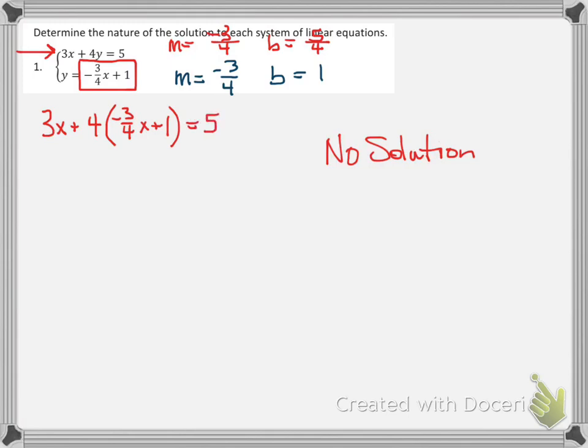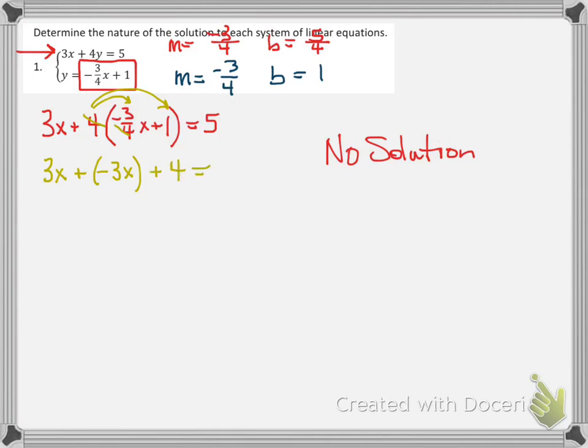And then if I just simplify, I get 3x plus, distribute, the 4's cancel, I get a negative 3x. And then 4 times 1 is 4, so plus 4.